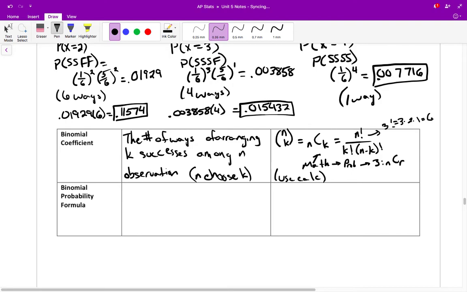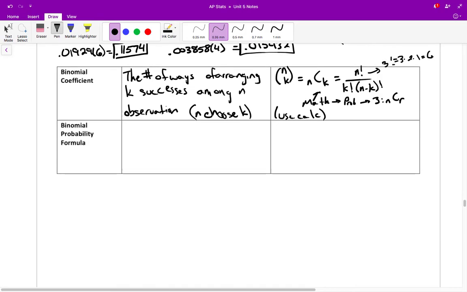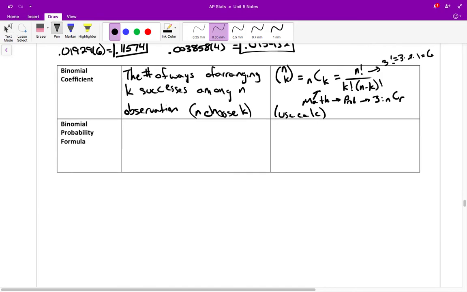Okay, so now, the moment you've all been waiting for, here it is, the binomial probability formula. Basically, if x has the binomial setting, in other words, it fits the model, it passes our BINS question that we were asking.